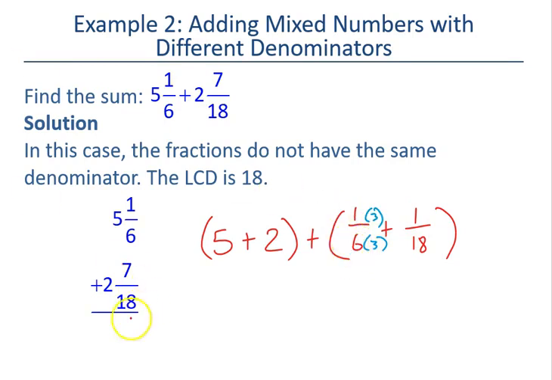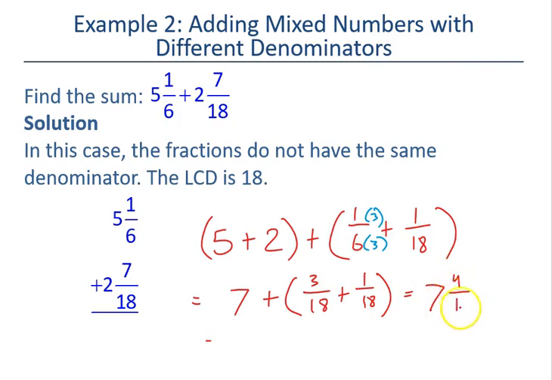Let's continue on as we simplify this. I've got 5 plus 2, that's going to be 7, plus now I'm going to have 3 over 18 plus 7 over 18. Now I have a common denominator, so I can just do 3 plus 7, wait, that gives 7 and 4 over 18.